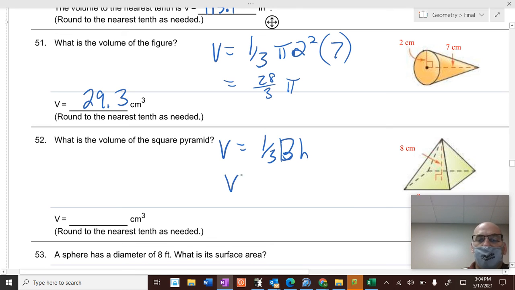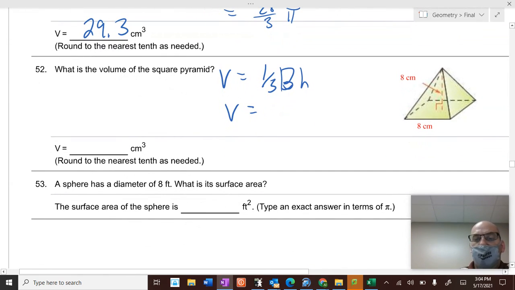Volume of a pyramid is 1/3 the area of the base times the height. So it's 1/3 the area of the base. It's 8 by 8, or 64. The height is 8. So 8 times 64 is some big number. And divide that by 3.